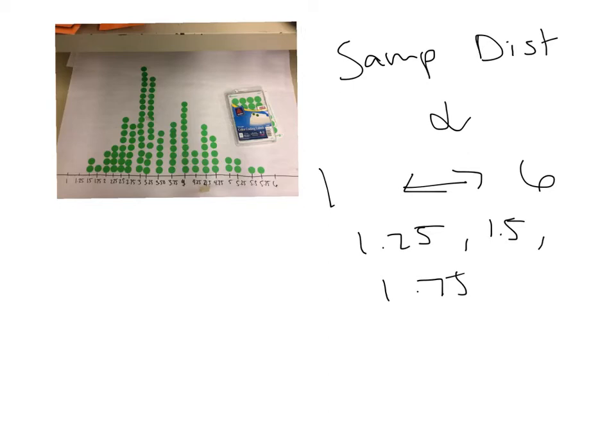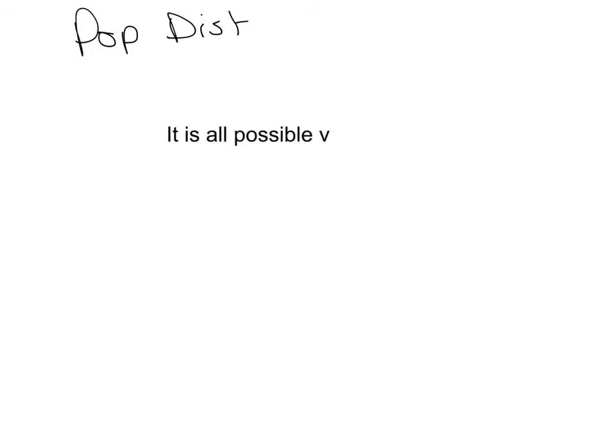Alright. So now, the next question is asking us, what is a population distribution? It is all the possible values an individual within a population can take.